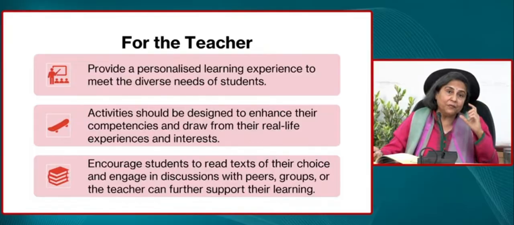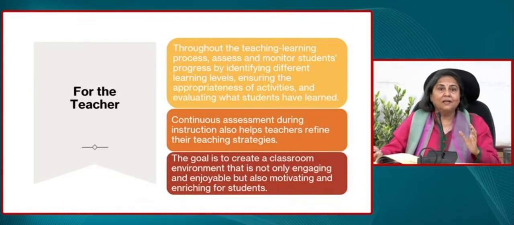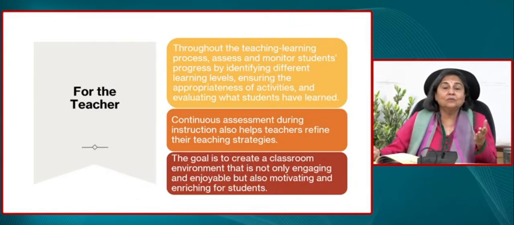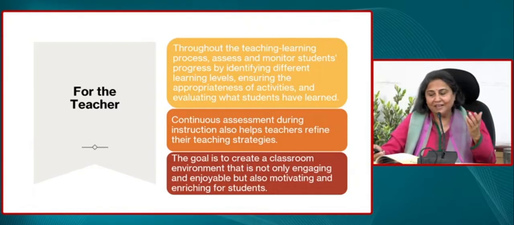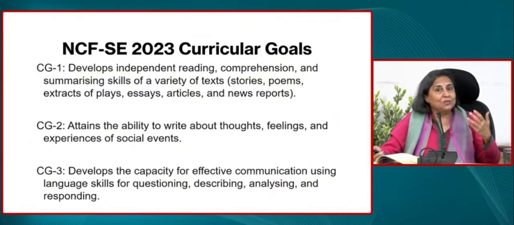So we are covering all three aspects over here. Now, once again, for the teacher, the goal is to create a classroom environment that is engaging, that is enjoyable, and that involves all the students. And there is continuous assessment, and encourage students to read on their own.